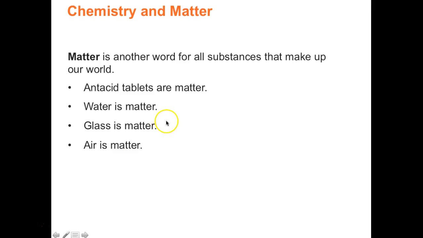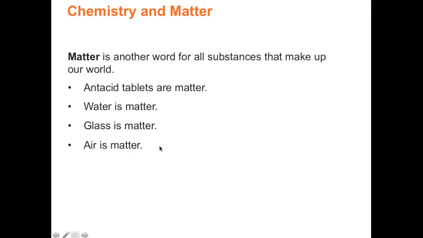Matter can be anything around us, whether it's food that we consume, which is matter. A tablet is matter. Water is matter. The glass is also matter. The surrounding air is matter.